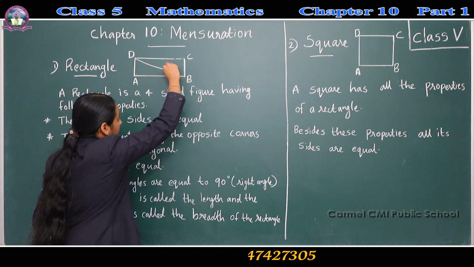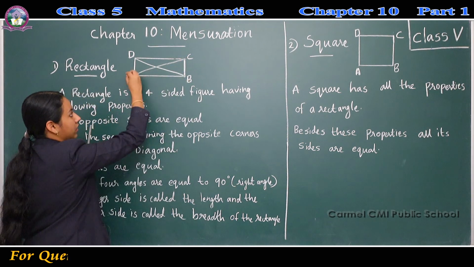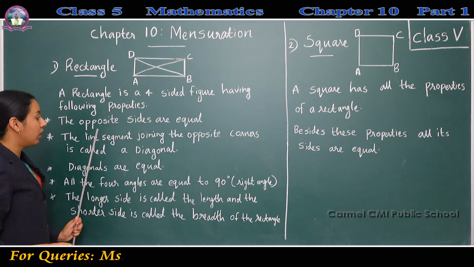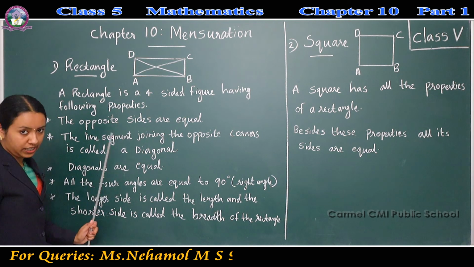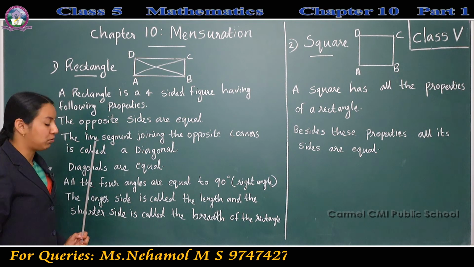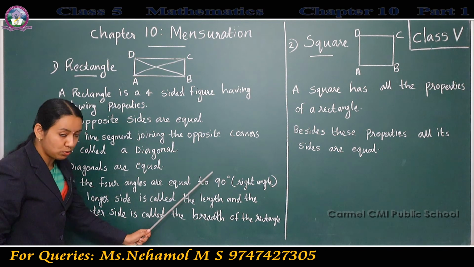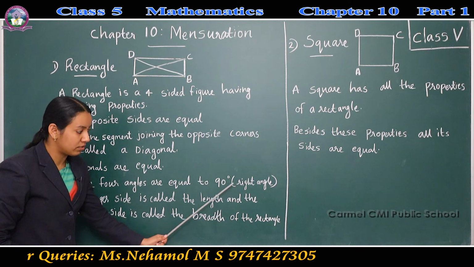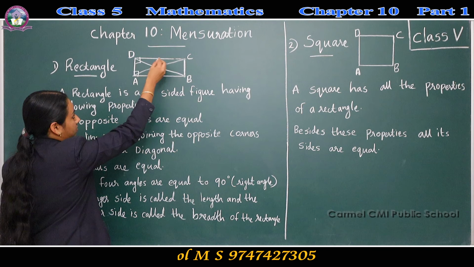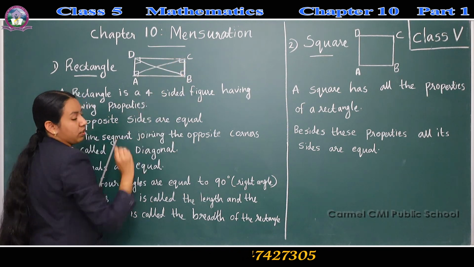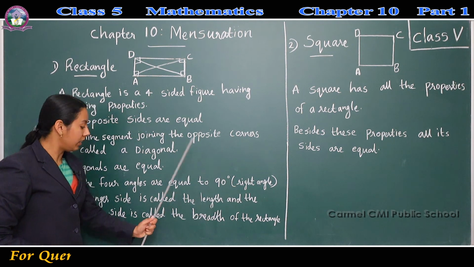So these are diagonals. Line segments joining opposite corners. Diagonals are equal. Then all the four angles are equal to 90 degrees, and that is known as a right angle. All the four angles, this angle, this one, this one, this one, all the four angles are equal to 90 degrees.